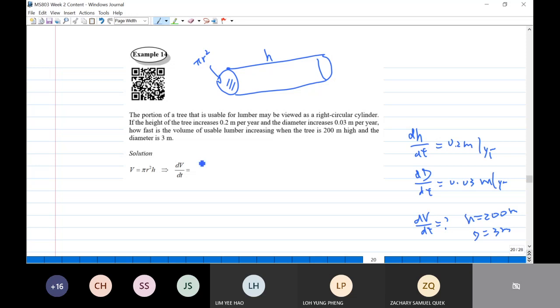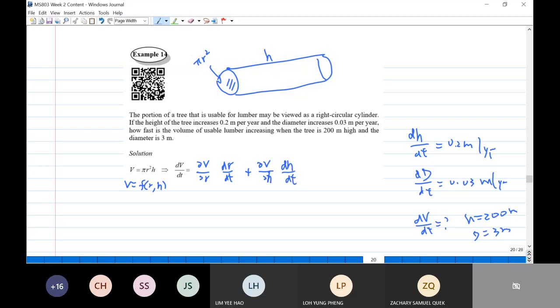You can use the chain rule: V depends on R and H, so V is a function of R and H. Differentiate with respect to R, then dR/dt, and differentiate with respect to H, then dH/dt.